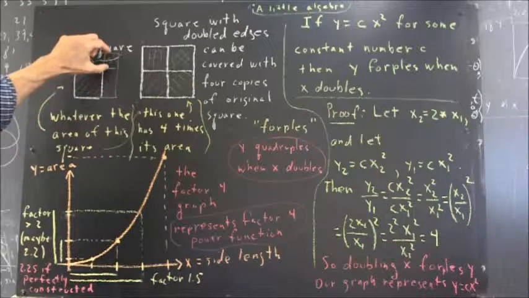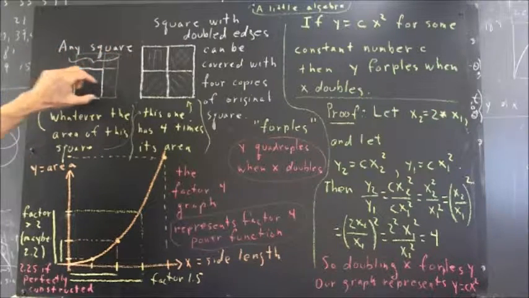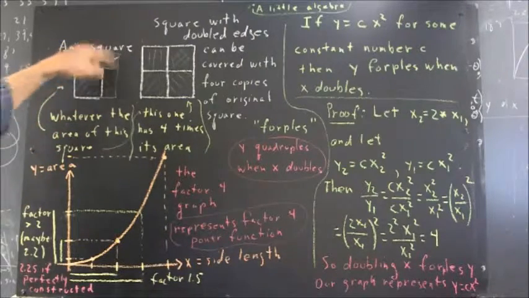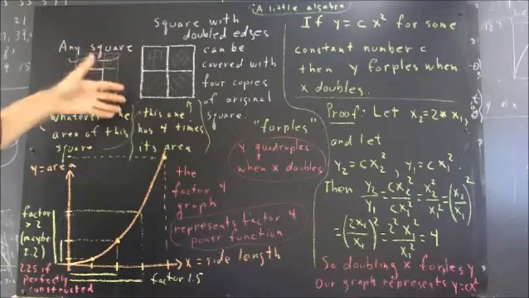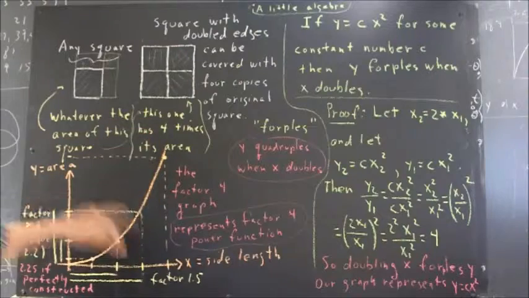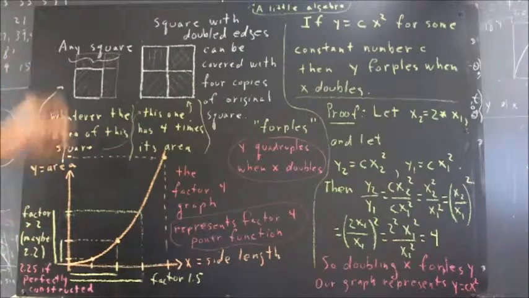In other words, we could take 4 of these and put them together and make up this square, and we could construct that. So we know that this bigger square has an area that's 2 1/4 times larger. So if we had perfectly constructed our graph and perfectly estimated, our estimate would have been 2.25 times the area. So what we get here is consistent with what we see here.